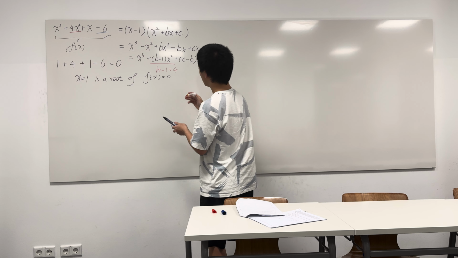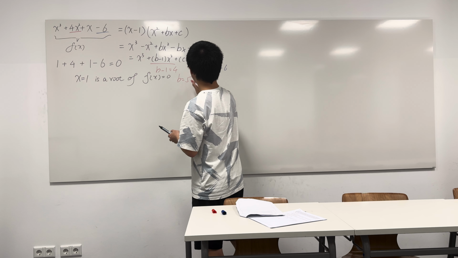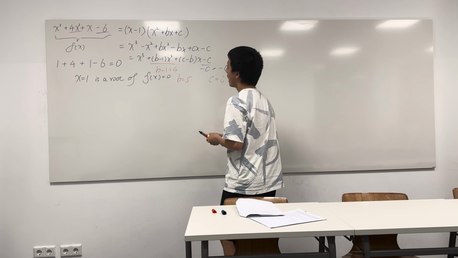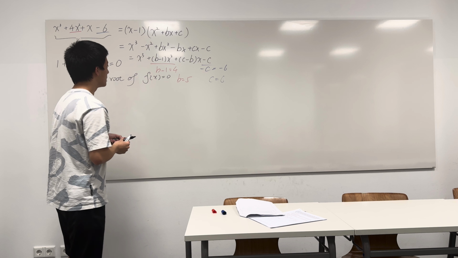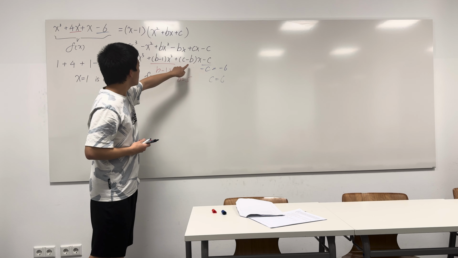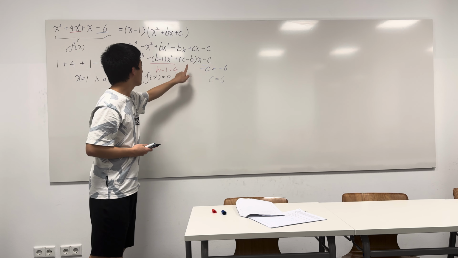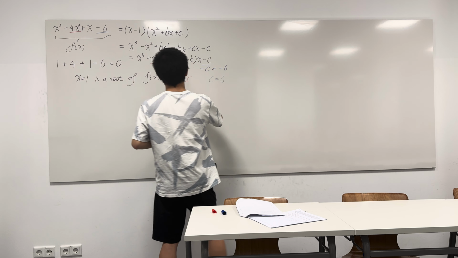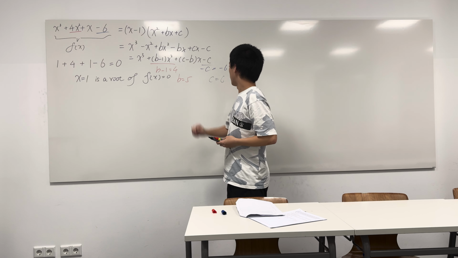So we get b equal to 5, c equal to 6, and we can check. c minus b, 6 minus 5 equal to 1, which is the same as the coefficient of x. Therefore b is 5, c is 6.